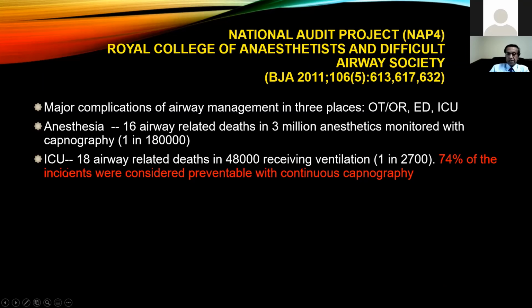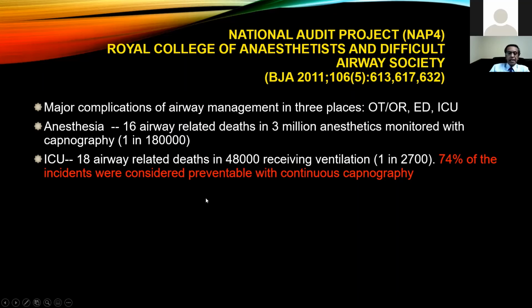In the ICU, there were 18 airway-related deaths in 48,000 patients receiving ventilation. And the incidence is 1 in 2,700. And this is an important thing: 74% of the incidents were considered preventable with continuous capnography. If you go back 30 years before the introduction of capnography, a similar statement was made.